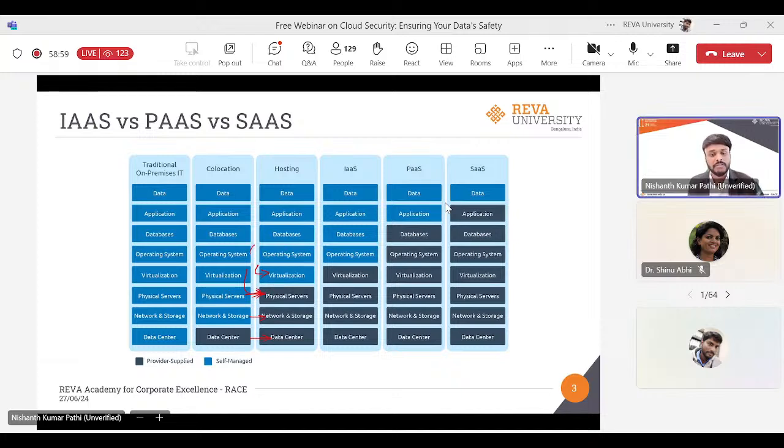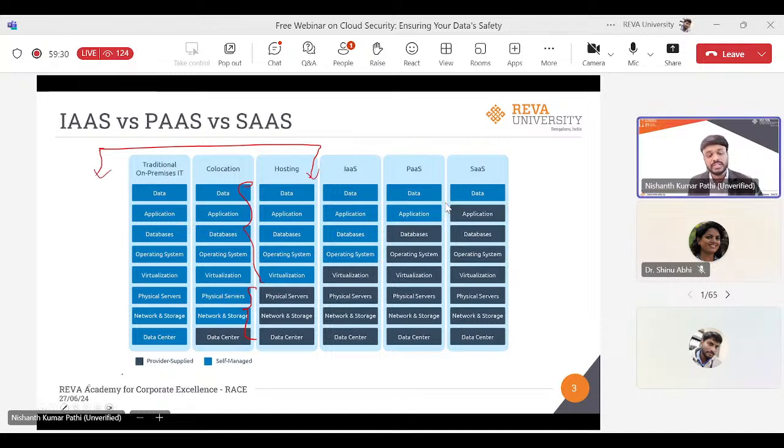On top of that, we install our operating system, databases, and application configuration, and data management is typically done by us. So in this case, there is a shared responsibility. Physical servers, network, storage, and data center are typically maintained by the supplier, and the remaining layers are maintained by our own teams. And these three were the typical traditional models before the cloud.